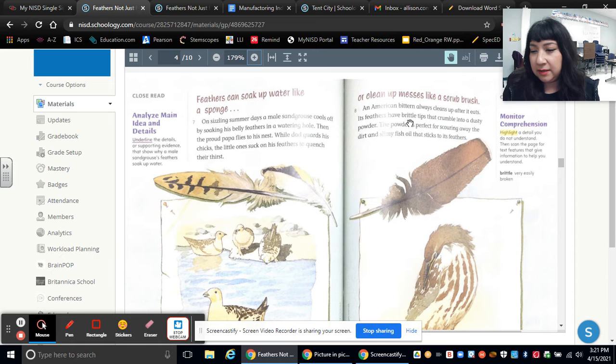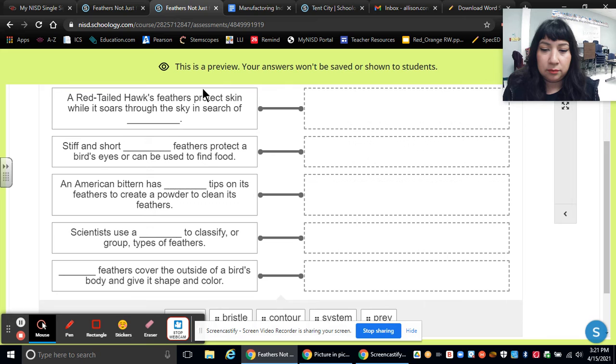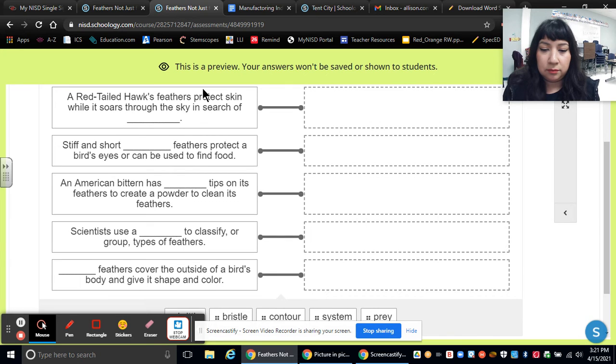And I'm looking at this sentence right here. Its feathers have brittle tips that crumble into a dusty powder. So, let's see. A red-tailed hawk's feathers protect skin while it soars through the sky in search of brittle.